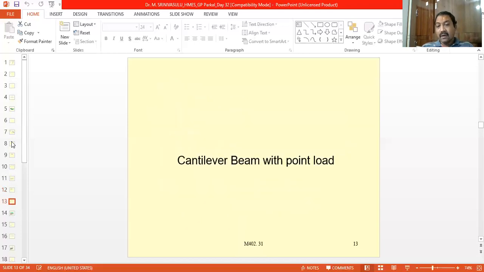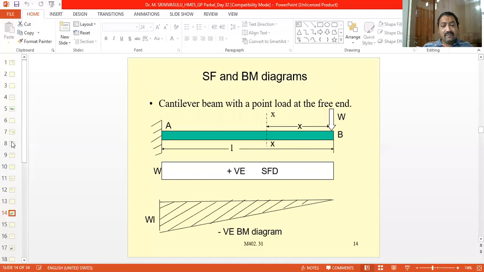Now we are going to see the shear force and bending moment diagrams for the cantilever beam with point loads. So this is the first cantilever, the green beam which is supported only at the left end.